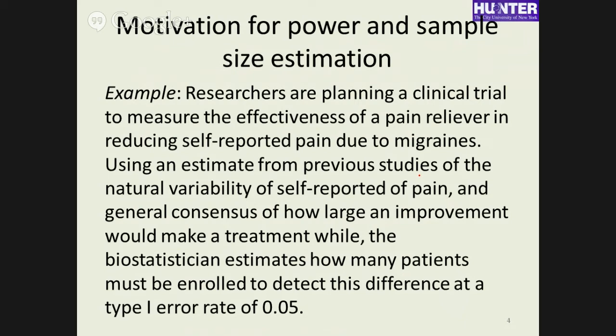A very small difference is just not worth planning your study for, so that's another decision being made. And they can use those to estimate how many people they need for this study.